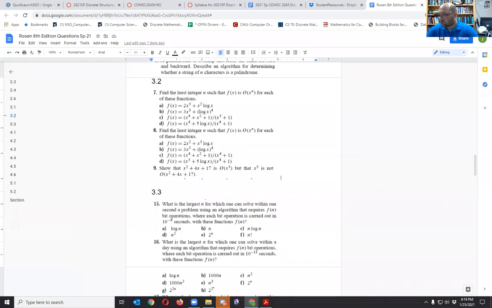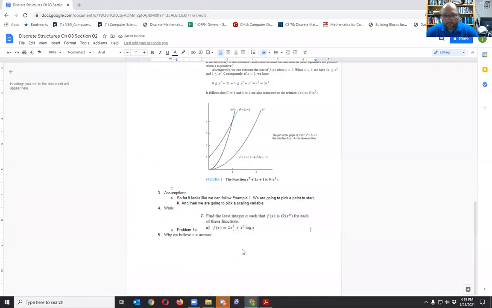Okay, so problem 7a, I paste this in. Cool. All right, so it says, find the least integer n such that f of x is big-O of x to the n for each of these functions. Okay.